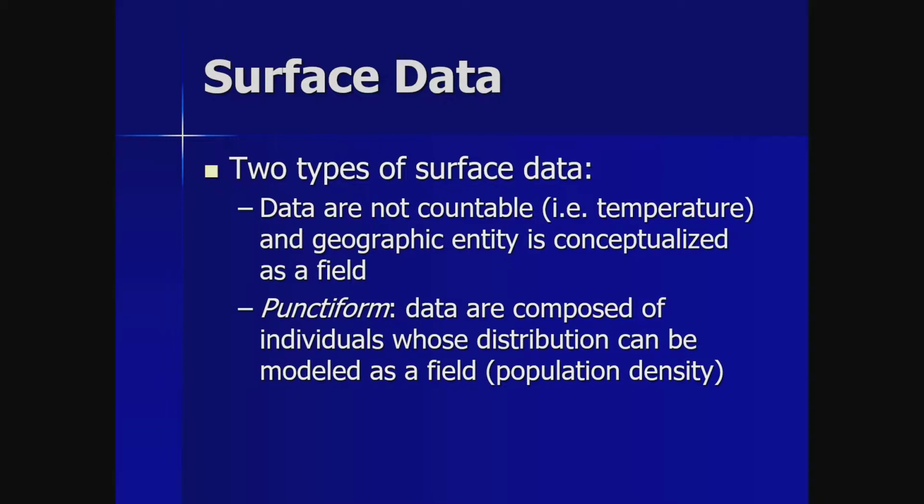So we can basically work with two different types of continuous data that we want to turn into a continuous surface. One is that we have actual point observations of a geographic variable, some geographic entity. An example of this would be weather stations.